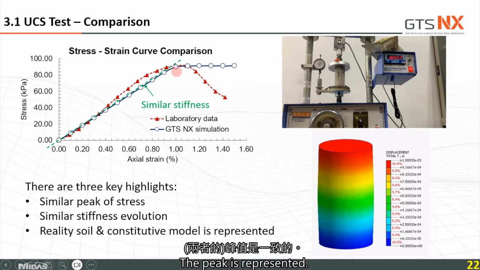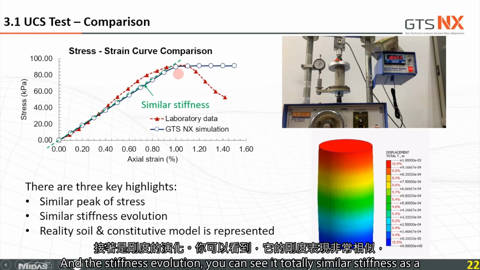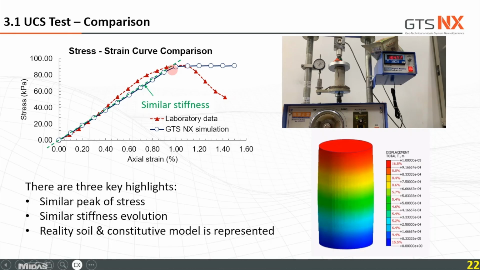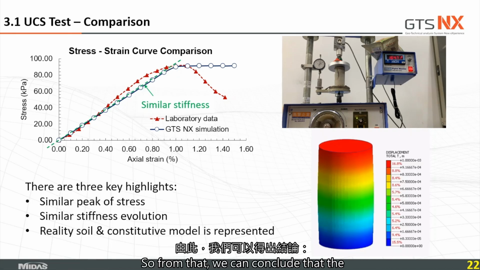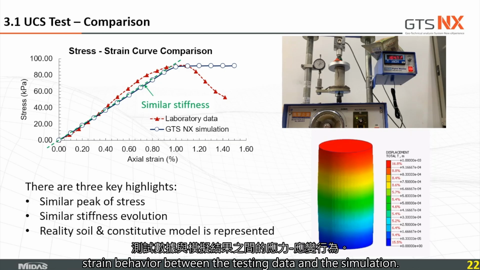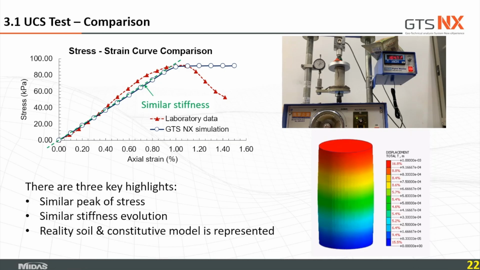The peak is represented, and the stiffness evolution, you can see it is totally similar, as a secant stiffness evolution between the laboratory testing data and GTX NX simulation. So from that we can conclude that the realistic soil and constitutive models represent the stress and strain behavior between the testing data and the simulation.